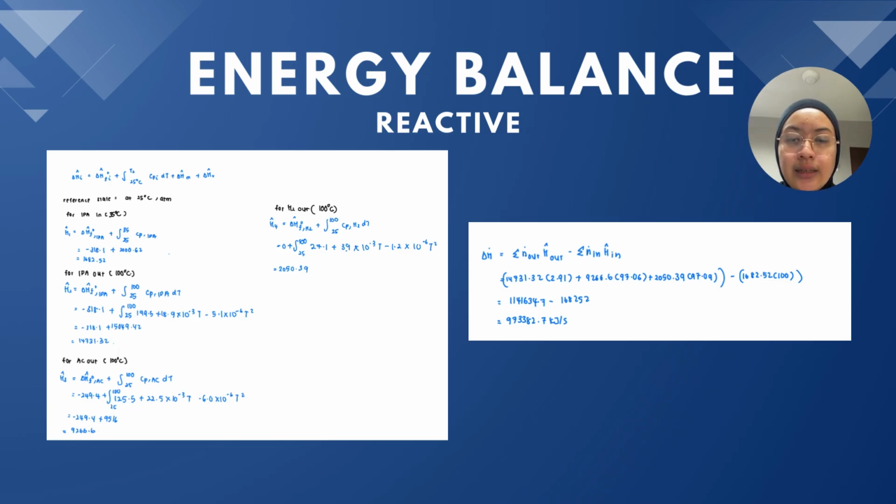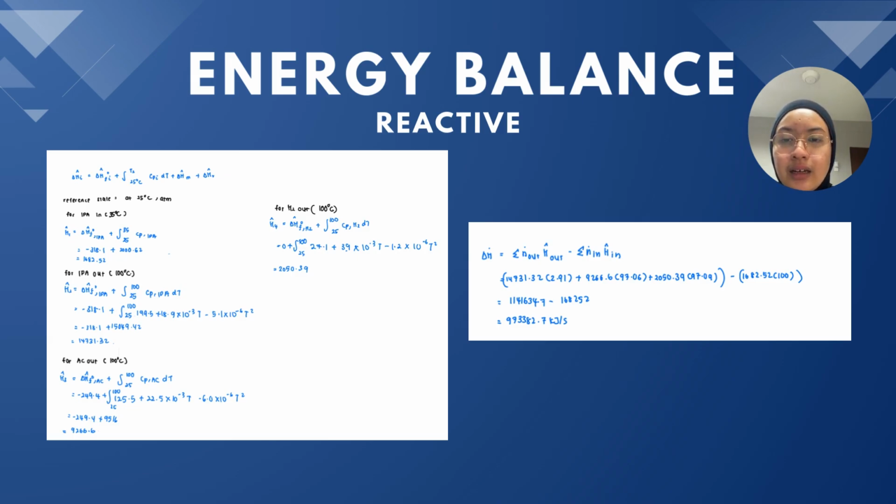For the last step of the energy balance reactive system calculation, first I calculate the specific enthalpies of each substance. The formula for the reactive system is a bit different as it needs additional information, which is the heat of formation of the substance. For example, the first substance is isopropanol at 35 degrees Celsius.